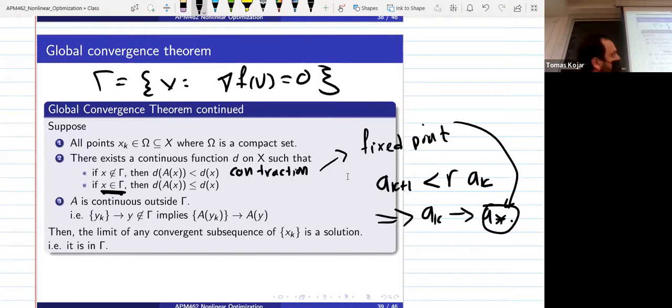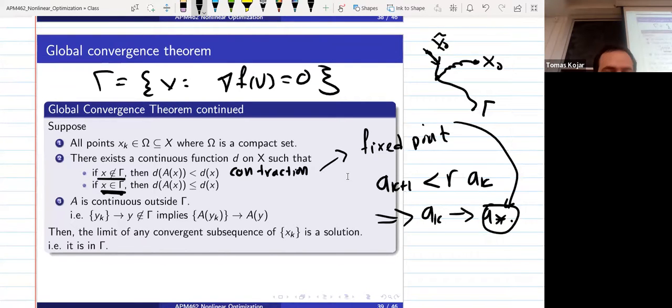If you're already in it, I don't care, you're in the solution space. But if you're outside, I need contraction so that I move toward it. So that's the intuition here. Suppose gamma is some sort of curve in space, and you start outside, you want to jump to it. But if you start inside, you want to stay in it.